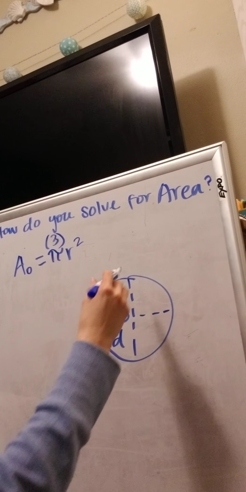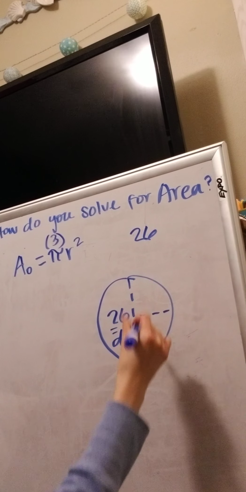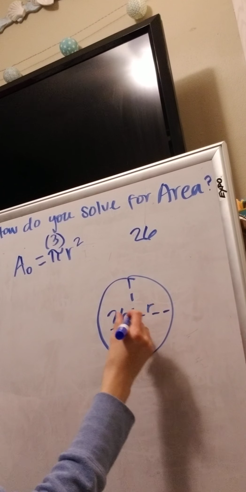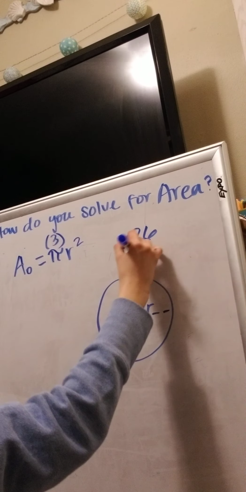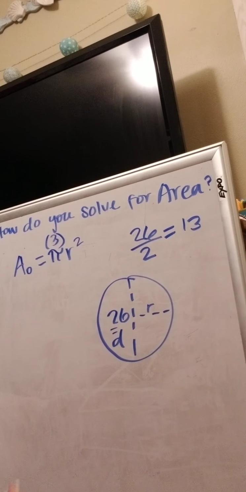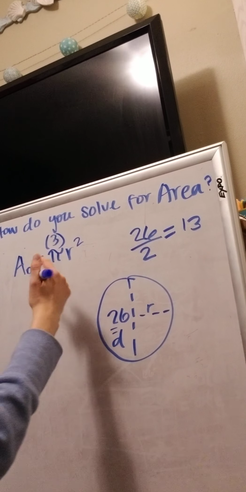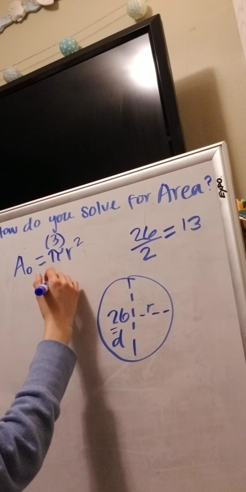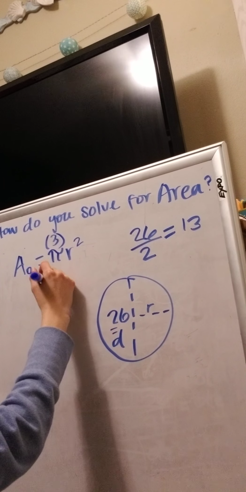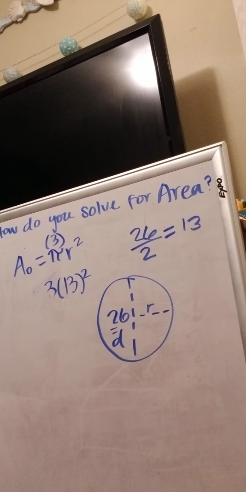We're going to take half of the diameter because we know that a radius is half of a diameter. So we're going to divide this by 2, which would be 13. So we're going to take 13 as our radius, multiply it by 3, which is what we're using for pi, and then we're going to square it.